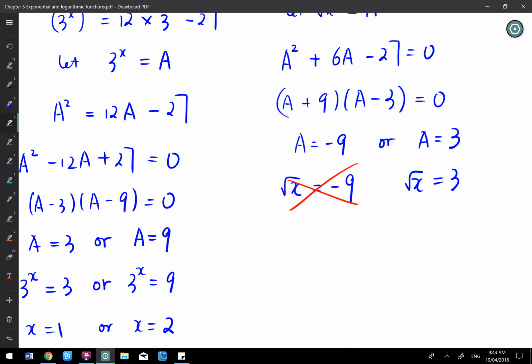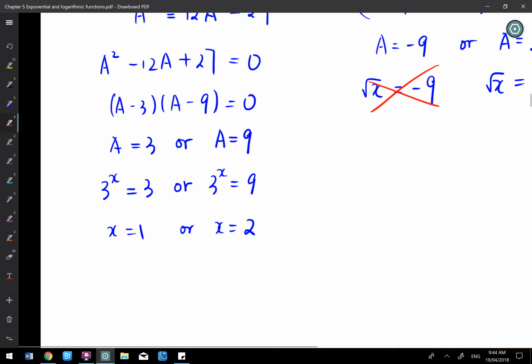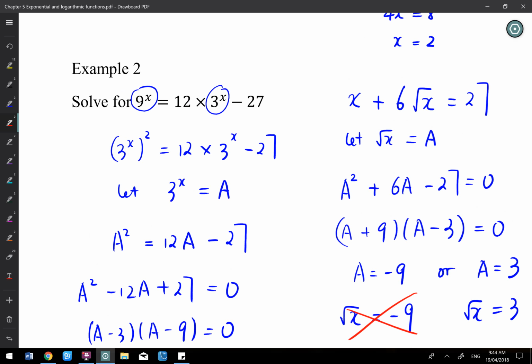When you solve this type of question, the a you find can give more answers than you need. For example, this one, you have negative values, but you shouldn't have negative values. You need to reject that. Same as that side. If you make a equals to 3 to the power of x, this a can only be a positive value. It can't even be 0, because 3 to the power of x is never 0. So your a can't be negative or 0.